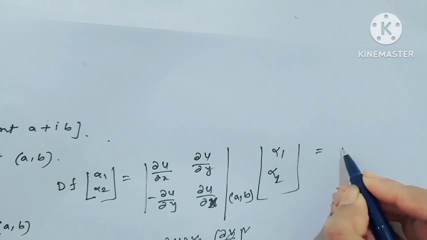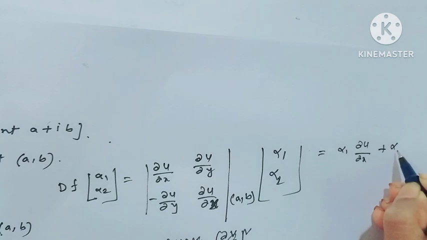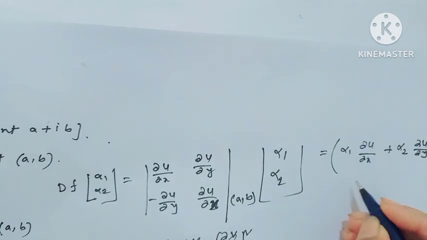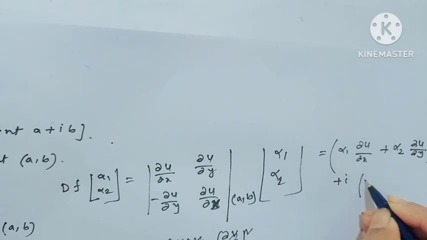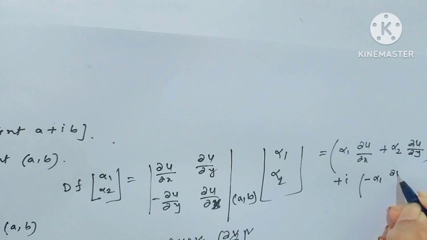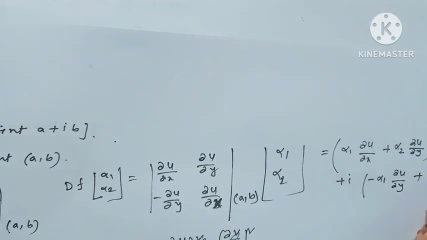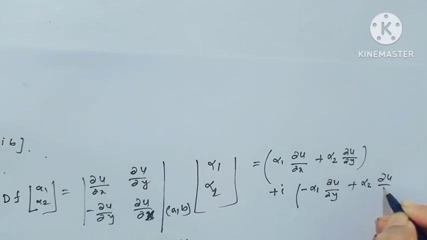This value would be alpha 1 del u del x plus alpha 2 del u del y, plus i times minus alpha 1 del u del y plus alpha 2 del u del x.